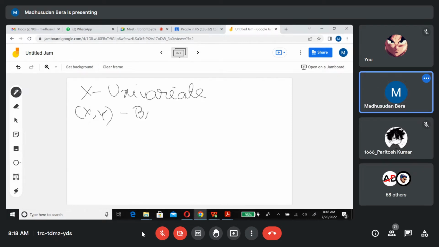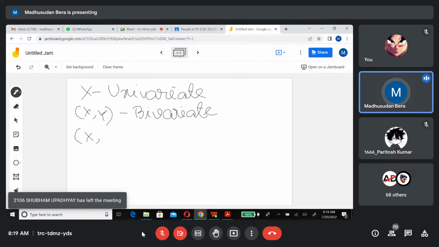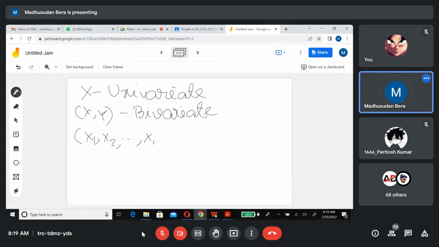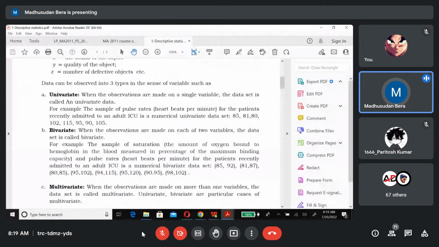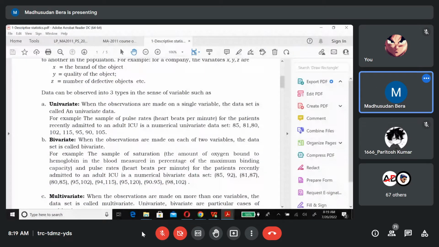For bivariate, (x, y). For n-variate, it will be x1, x2 up to xn. That is an n-tuple. The pair is ordered, and this one is only single. That way data are classified. So the classification of data in terms of variables is clear.